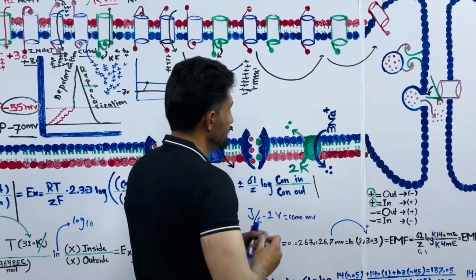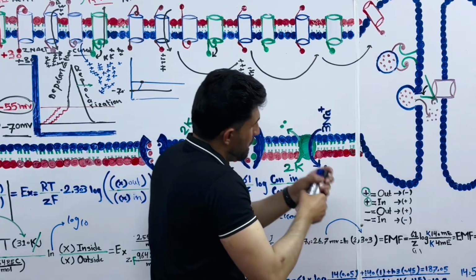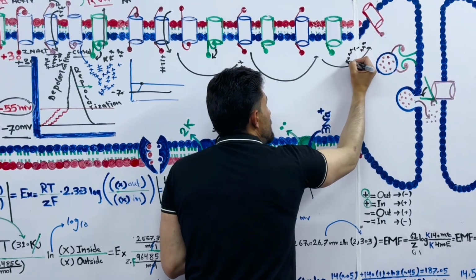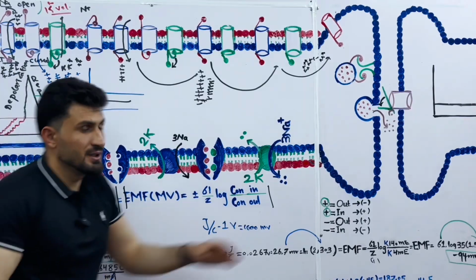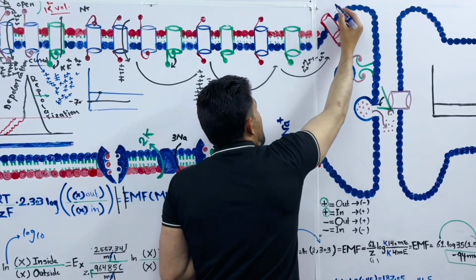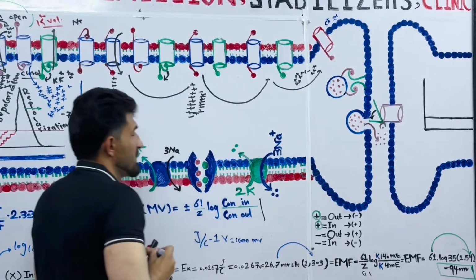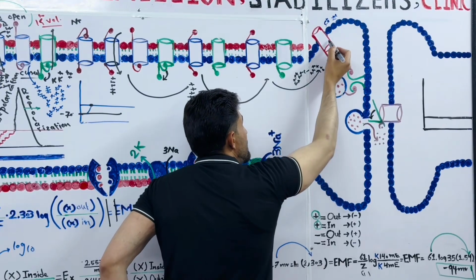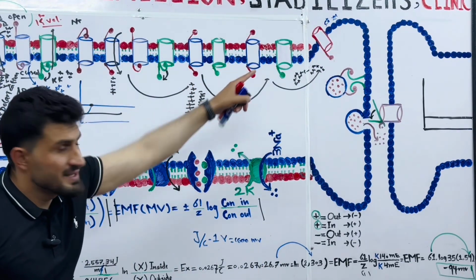When these positive charges reach the end of this neuron, which is called the bulb of the neuron, we have some channels called calcium voltage gated ion channels, and due to these positive charges, these calcium voltage gated channels will be stimulated.